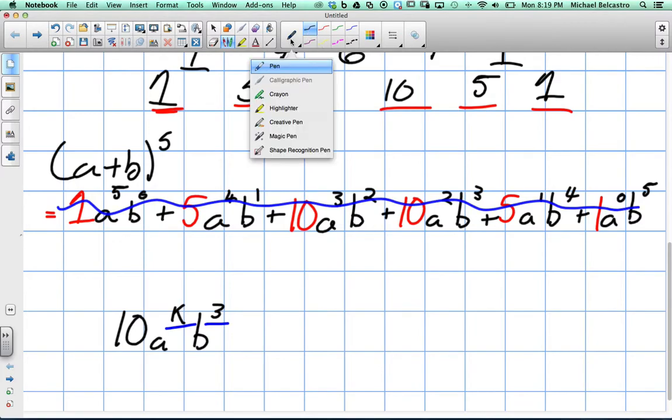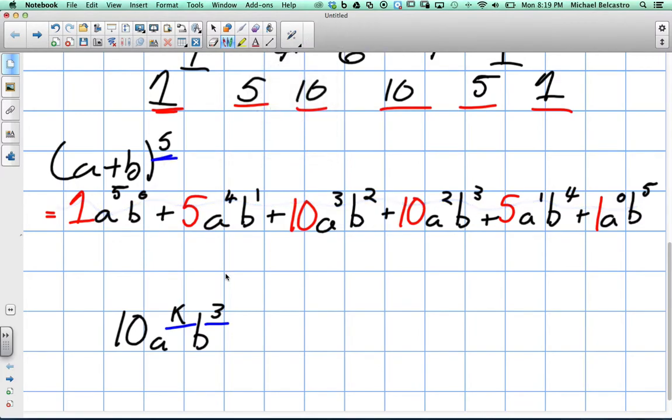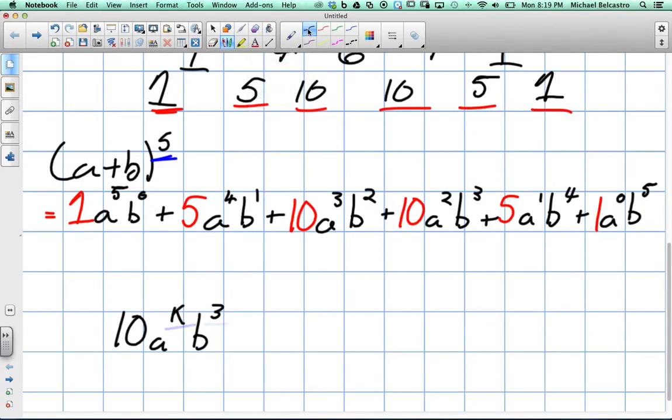Well, actually, they have to add up to whatever our power is on our binomial. So the easiest way to figure out what k is, let's make a small equation. k and 3 have to add up to our 5. So we know that 5 is equal to k plus 3. Let's isolate for k. We bring 3 over. You get 5 minus 3 equals k. k is equal to the value of 2.